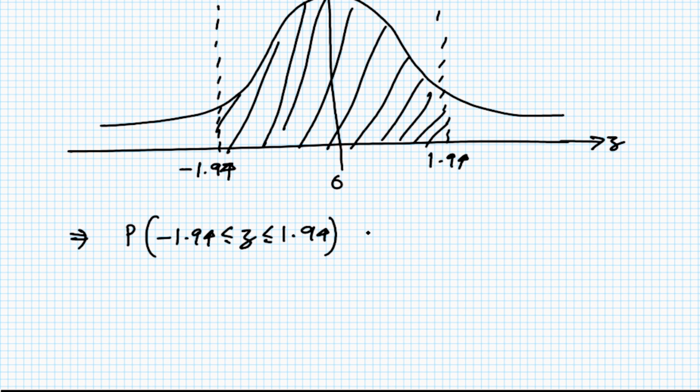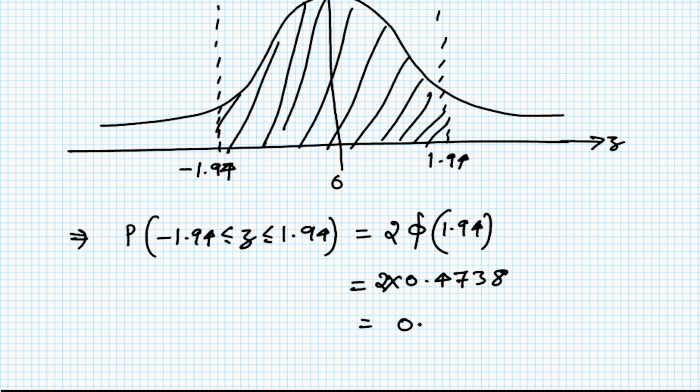So this is equal to 2 times phi of 1.94. So that is 2 times what is phi of 1.94? I think 0.4738, correct? So multiplication gives you the answer. I think most of you have done that, so that's appreciated.